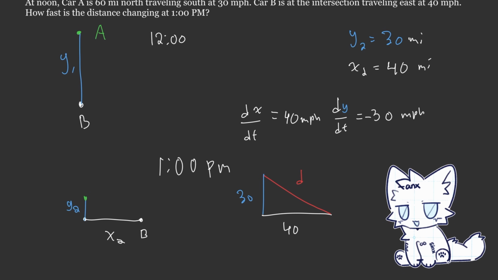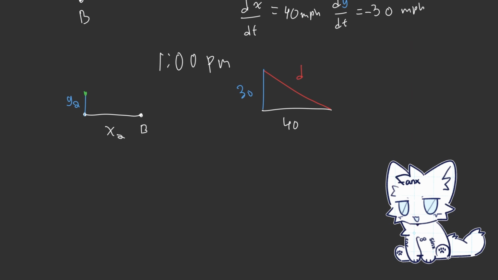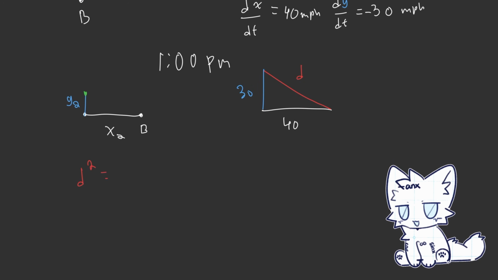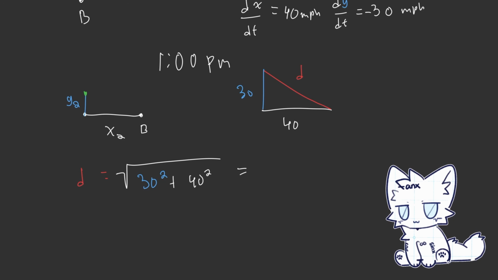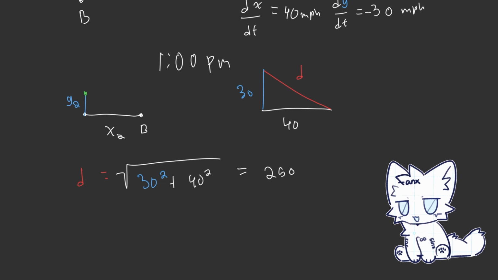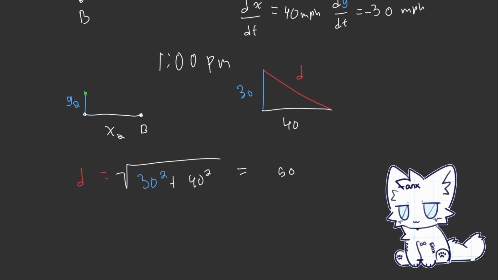We can use the Pythagorean theorem now. d is equal to the square root of 30 squared plus 40 squared, and that is equal to 2500, I believe. No, I lied, 50. So d is 50. And now let's write out our equation.